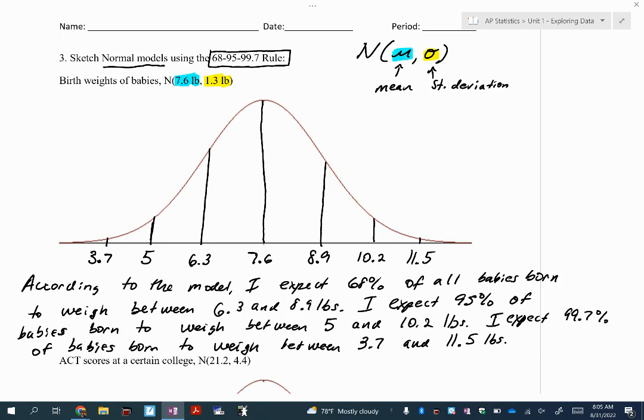I've had kids in my class that were born many weeks early that would be considered unusual in terms of their birth weight. So what we're saying with this 68, 95, 99.7 rule is that this is what I expect to happen. Will there be baby weights that are not within 3.7 and 11.5 pounds? Absolutely. But according to this model, I'm not really expecting many babies to be outside of those values. Okay, so that's where the 68, 95, 99.7 rule kind of happens.